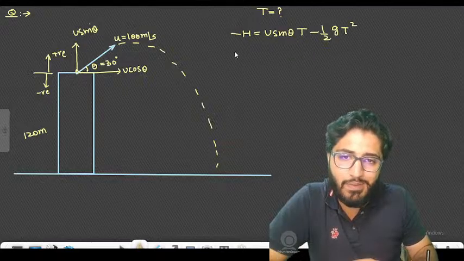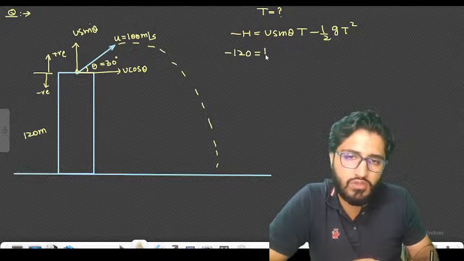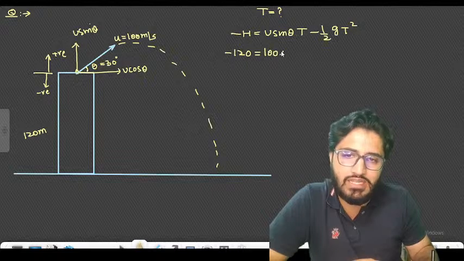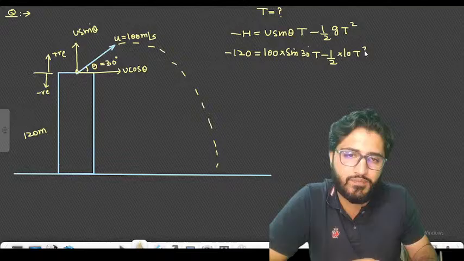U sine theta multiplied with t minus 1/2 of gt square, because g is negative. I can write as a minus g, or I can write as a minus 120 equals to u is 100 sine 30 degree multiplied with t minus 1/2 of g is 10, then t square.